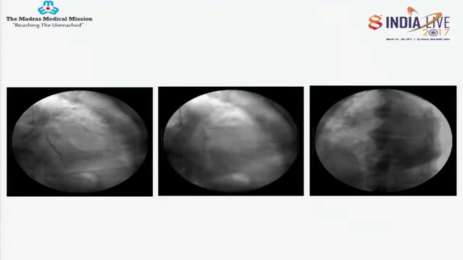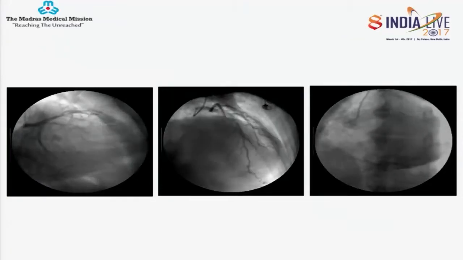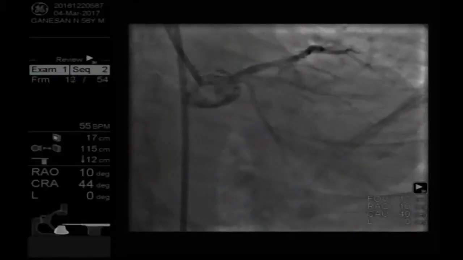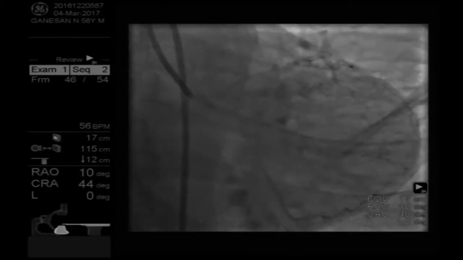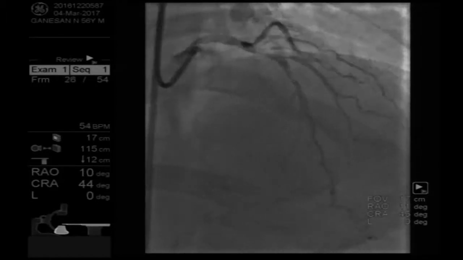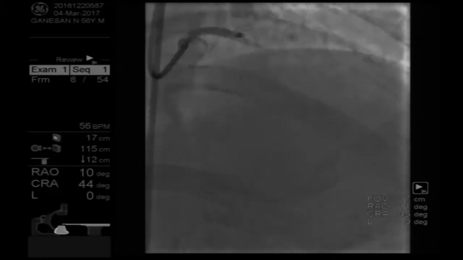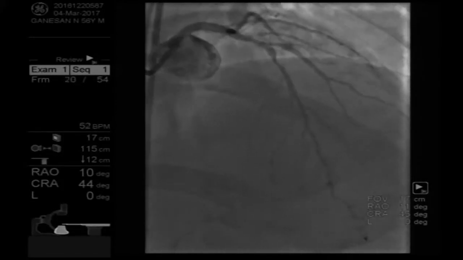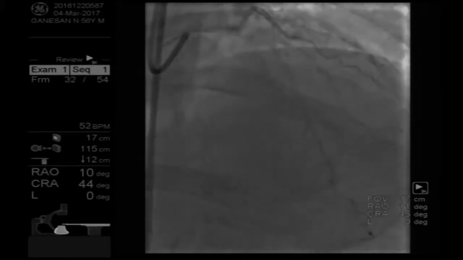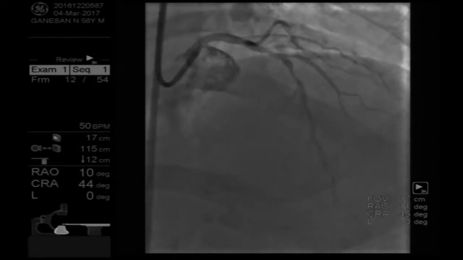Over to Dr. Sengottuvelu. So can you show today's angiogram? So he has a normal left main, LAD lesion, single vessel disease. It's a bifurcation lesion, which we call 111. The proximal LAD is mildly calcified, and the significant lesion is below the diagonal.